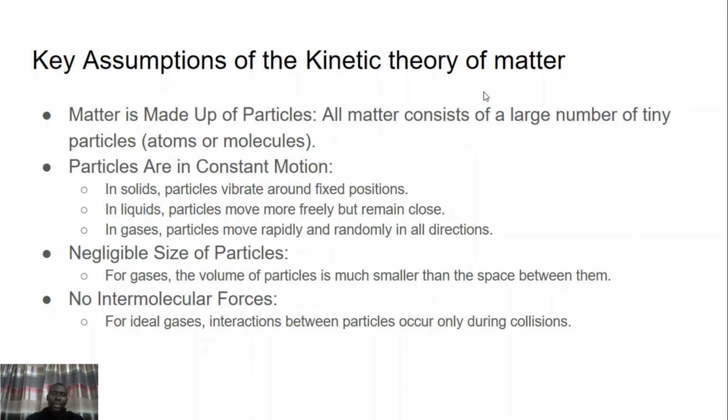The second assumption is that they are in constant motion. But the kind of motion that every particle of a matter will have depends on the state of the matter itself.